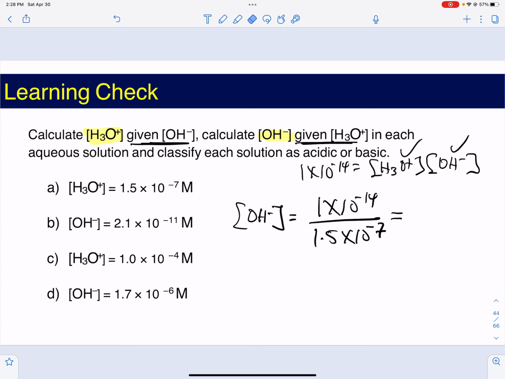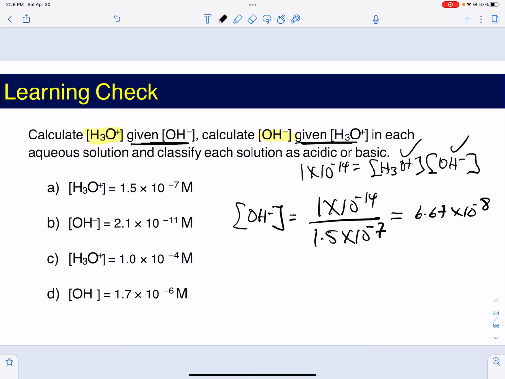Okay, I got it now. Each calculator is a little bit different from others. Don't forget to put those negative numbers. So that's going to be 6.67 times 10 to the minus 8.